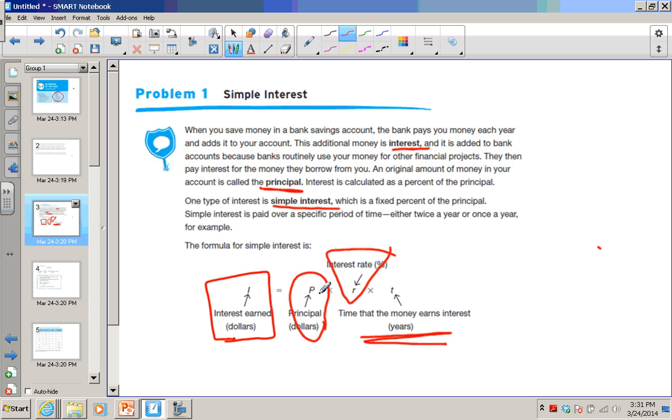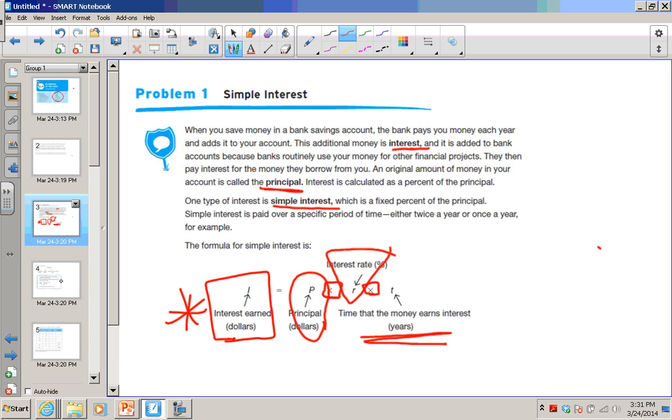And so you're simply going to multiply your amount of money that you start with by the interest rate the bank and you decide upon when you put your money in that bank account, and then the amount of time that it's sitting there. And that total is going to be the interest that you earn in dollars.